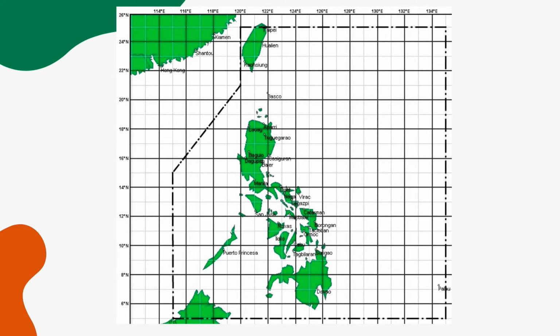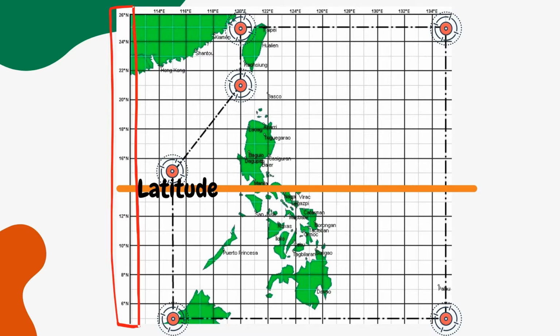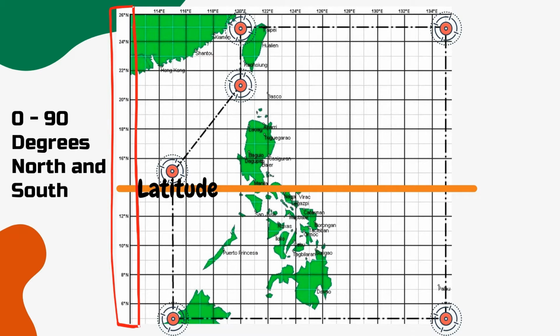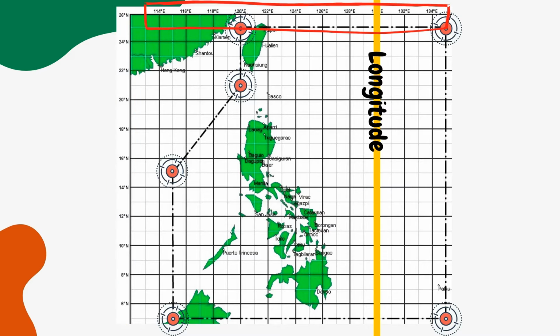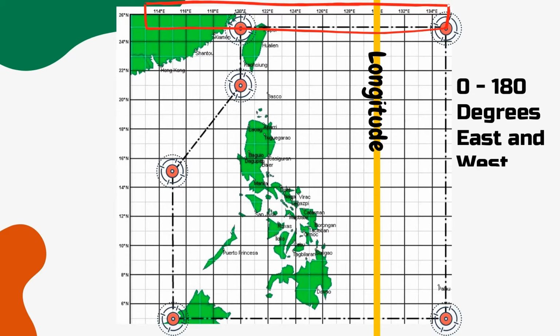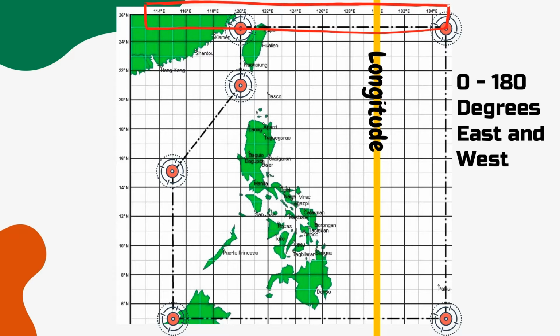The Philippine area of responsibility is bounded by the following coordinates. These are positions outlined from the angles of latitude, an imaginary horizontal line that runs 0 to 90 degrees north and south, and angles of longitude, the imaginary vertical line that runs 0 to 180 degrees east and west.